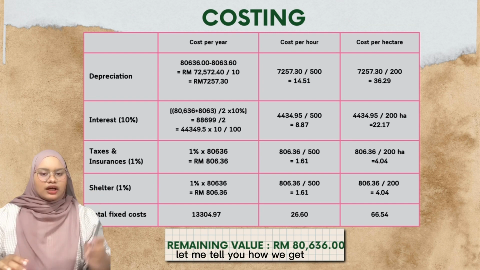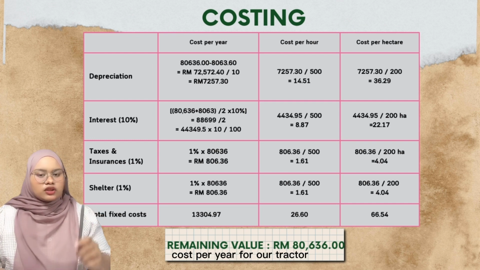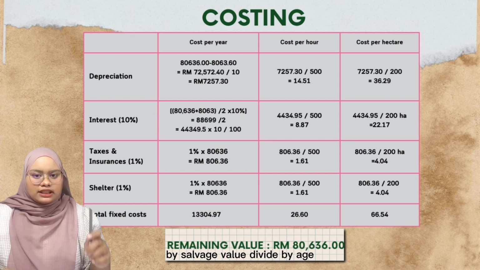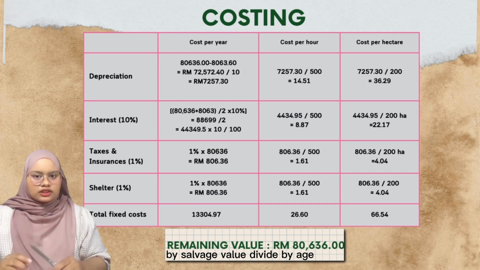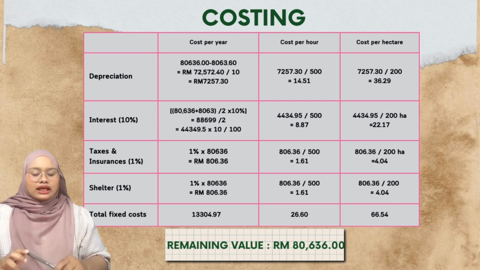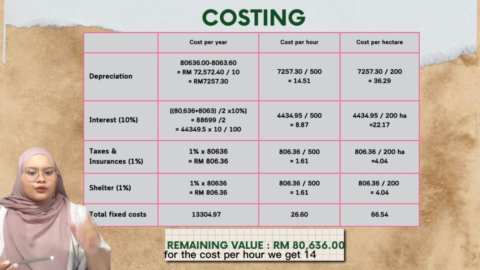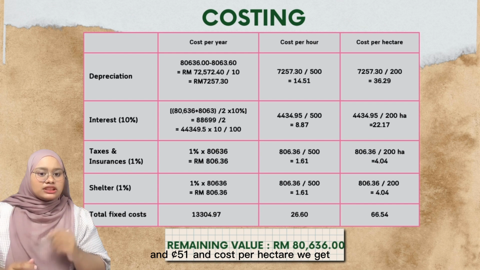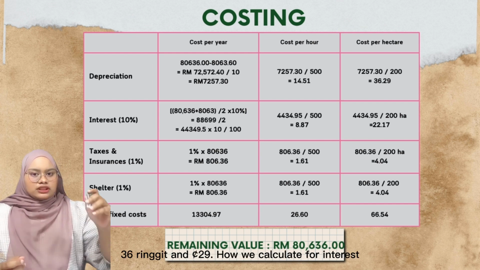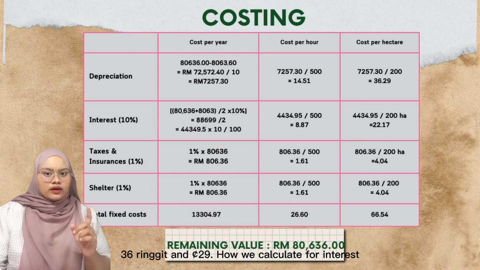Now let me tell you how we get the depreciation cost per year for our tractor. The formula is purchase price minus salvage value, divided by age. So we get 7,257 ringgit and 30 cents. For the cost per hour, we get 40 ringgit and 51 cents, and cost per hectare we get 36 ringgit and 29 cents. That's how we calculate interest.